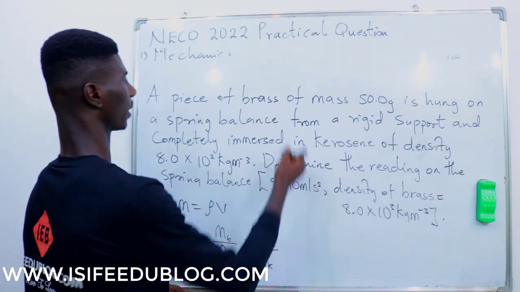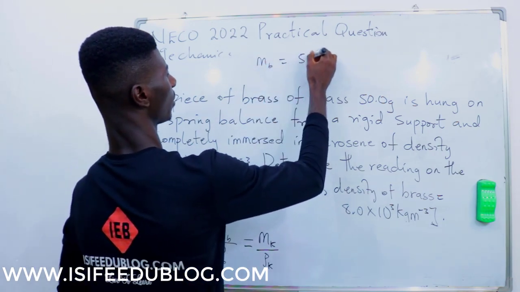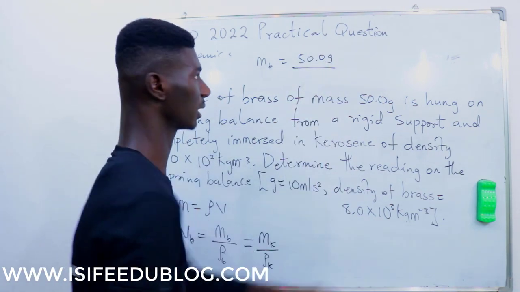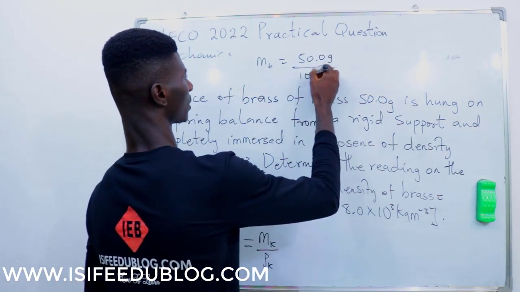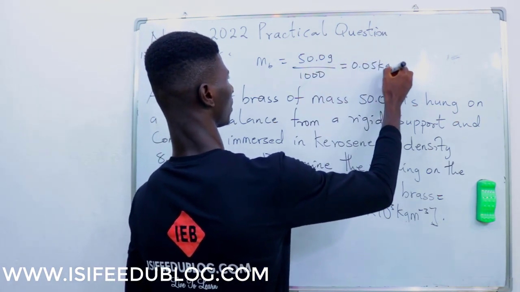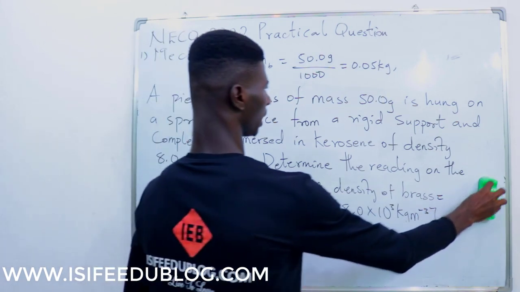So let's write out the parameters. The mass of brass is 50.0 grams, which we need to convert to kg because of the unit of the density by dividing by 1000. So this will give us 0.05 kg. Now we have the densities.